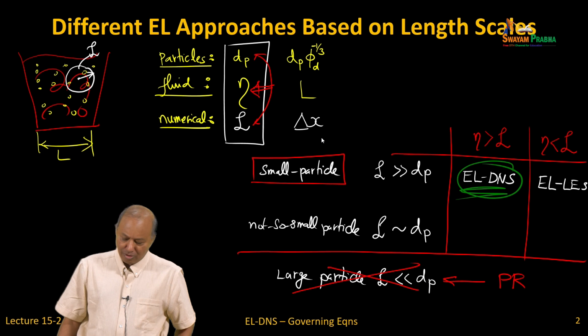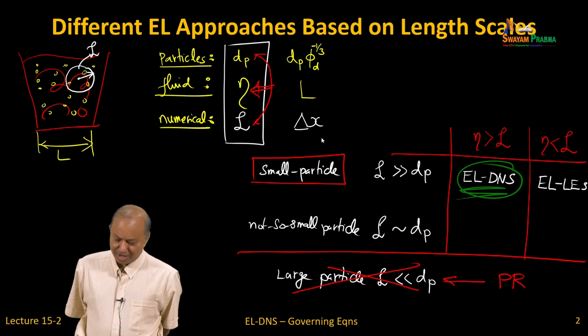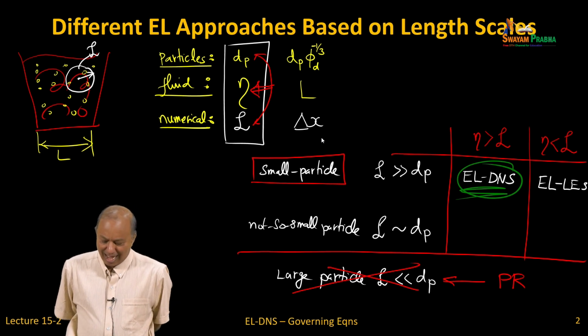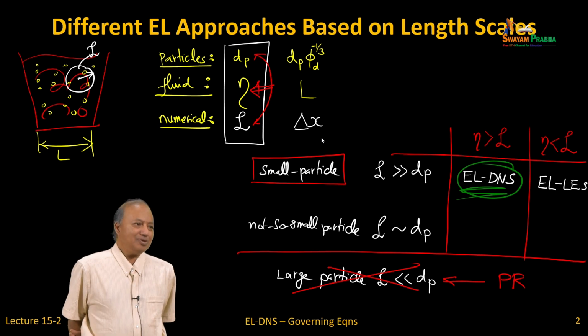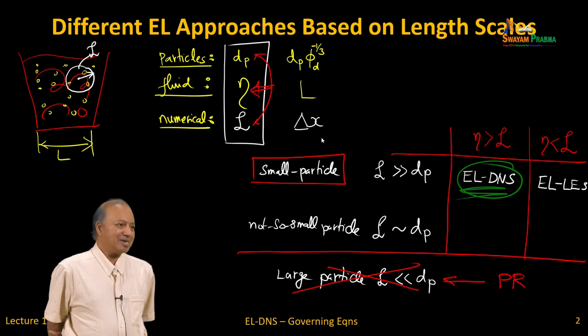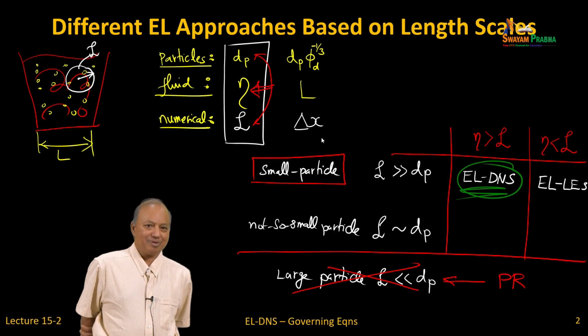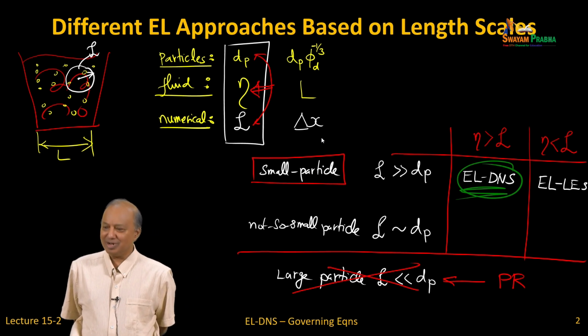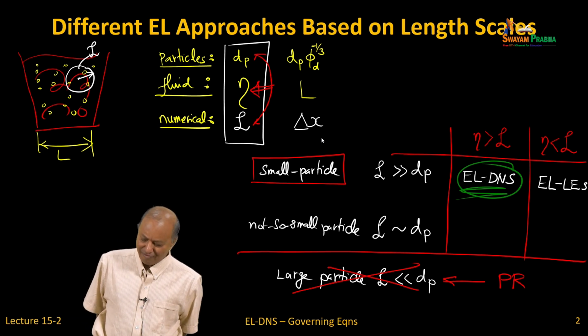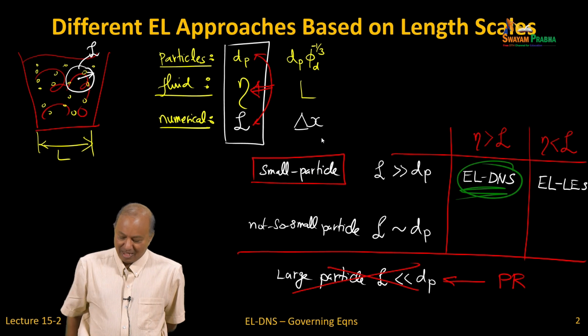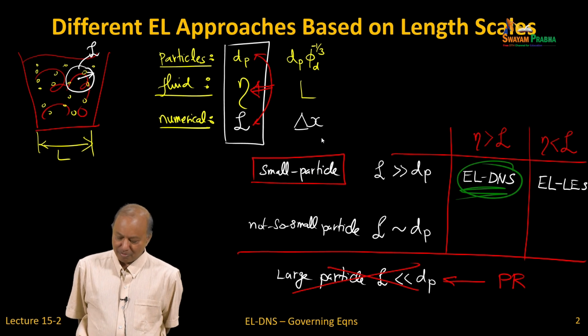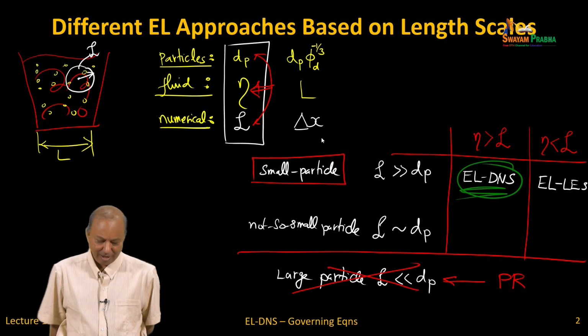So when you look at governing equations, you really need to think in terms of how big are the particles compared to the Kolmogorov scale or the grid, etc. For the grid, you definitely want your particles to be smaller than the grid, but how big is your Kolmogorov scale?